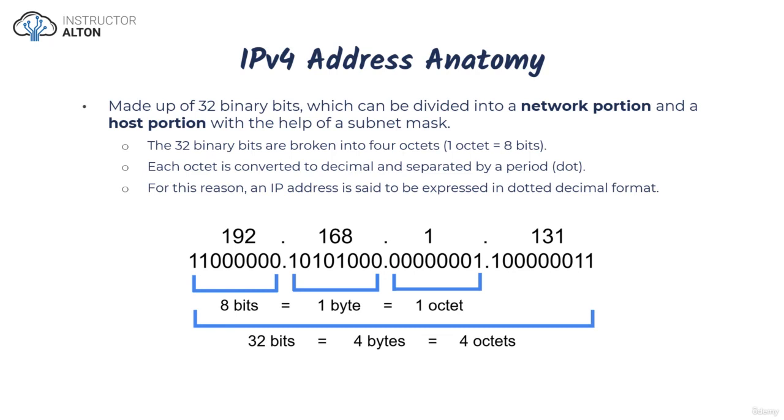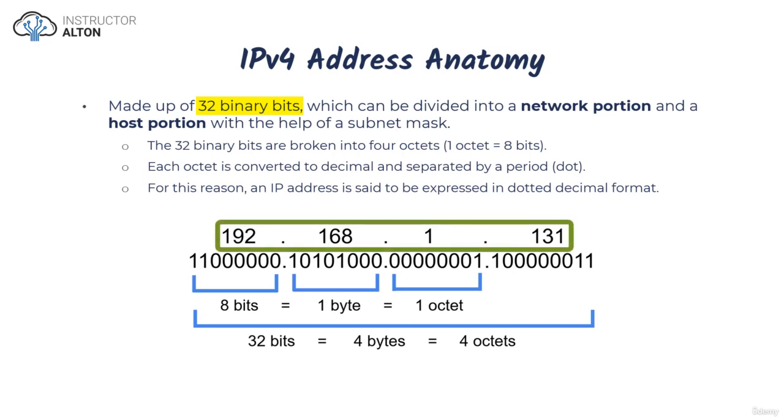So number one, it is made up of 32 binary bits. We look at an IP address in what we call the dotted decimal format that you see right here. This is what we use on our systems, for our brains, for us to be able to understand it. We say, okay, I see an IP address and it's, for example, 192.168.1.131.